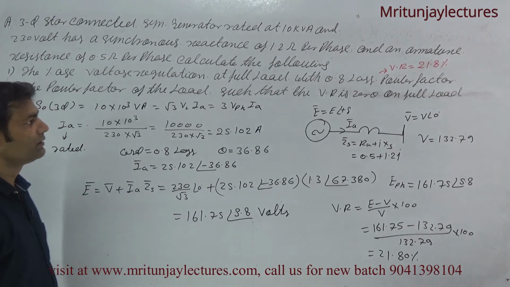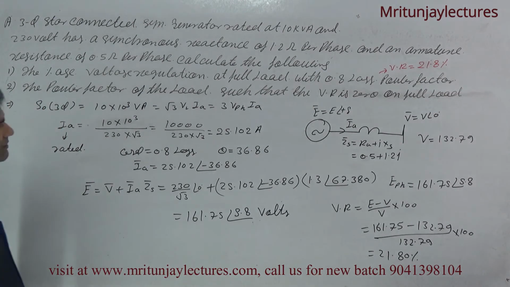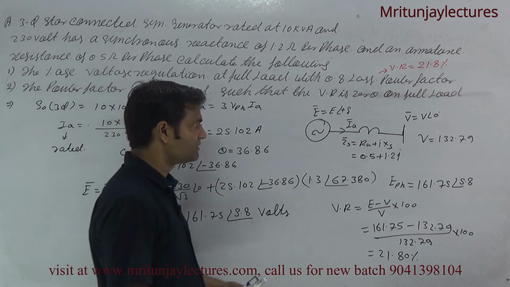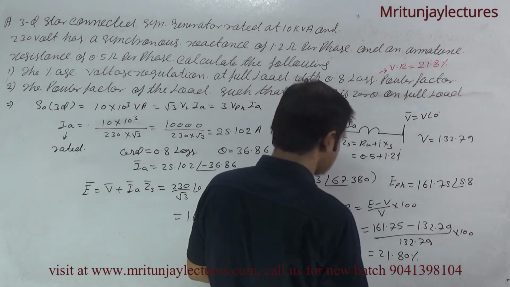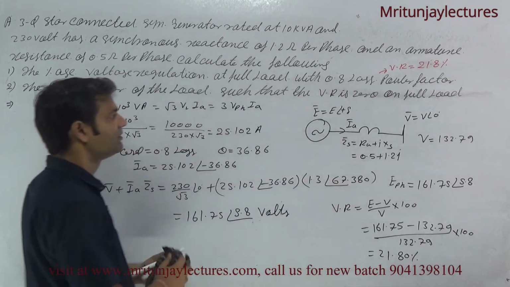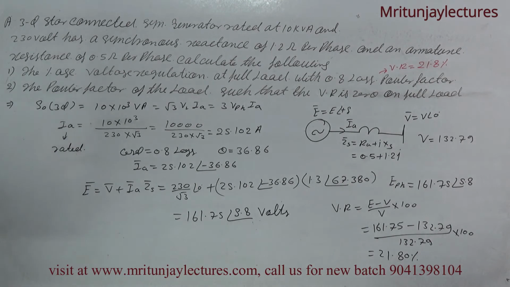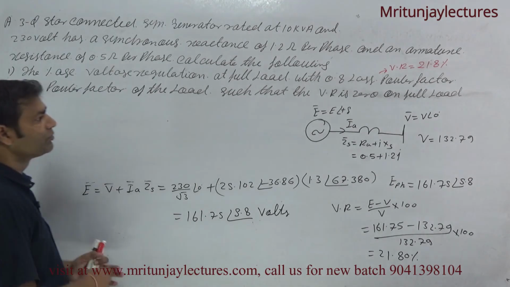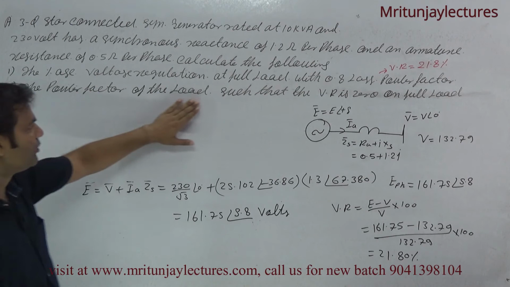Okay, now the next one: the power factor of the load such that the voltage regulation is 0 on full load. Our motto is to determine the power factor. Here the magnitude of IA is 25.102 ampere.